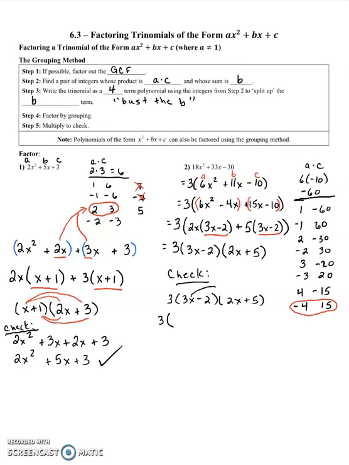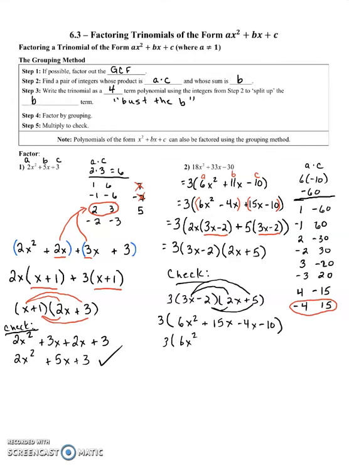So first times first, 3x times 2x is 6x squared. Then we do the outers. That gives us plus 15x, inners minus 4x, and lasts minus 10. Now let's combine like terms inside the parentheses.